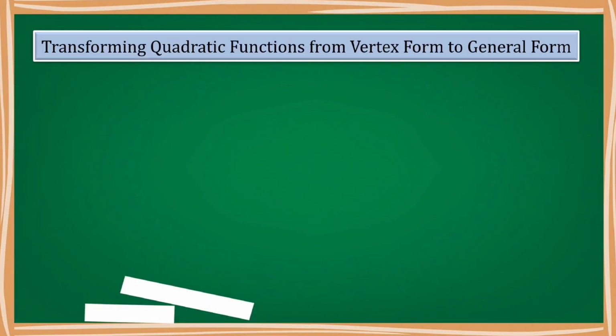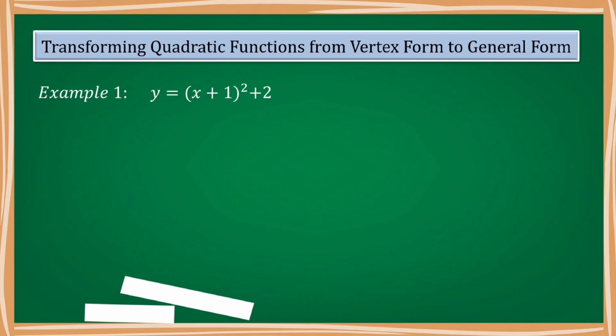Let us proceed in transforming quadratic functions from vertex form to general form. For example number 1, we have y is equal to the quantity of x plus 1 squared plus 2. So, ang una natin gagawin is to expand x plus 1 squared.